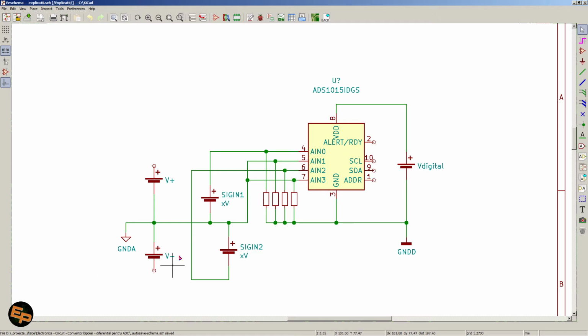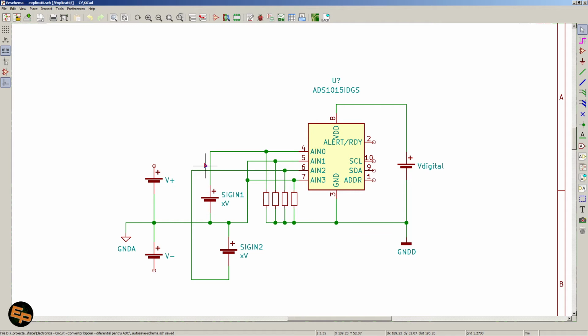And so with my analogic signal, I thought, hey, okay, well, I'm going to have 2 signals. Both of them are bipolar. So I'm going to use, of course, all 4 inputs. And I'm going to say, okay, let's have input 1 and input 3 as an analogic ground. I will connect those 2 together and tie them to the analogic ground.